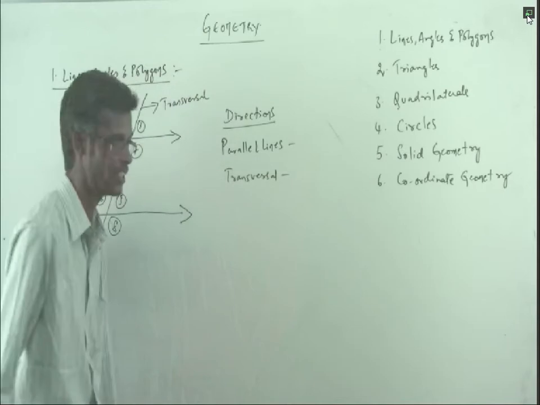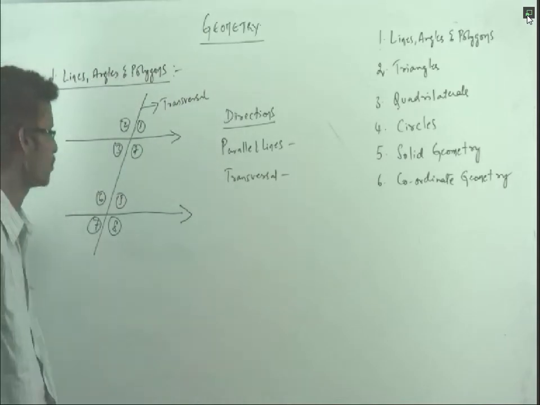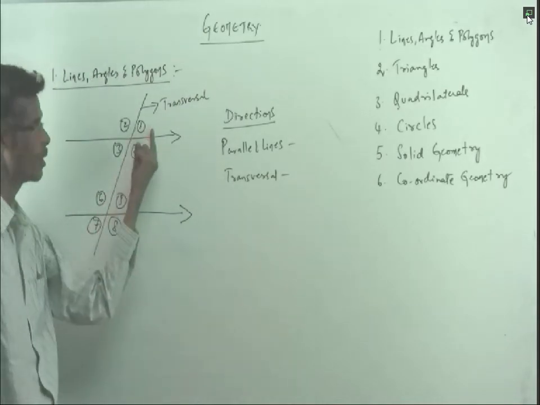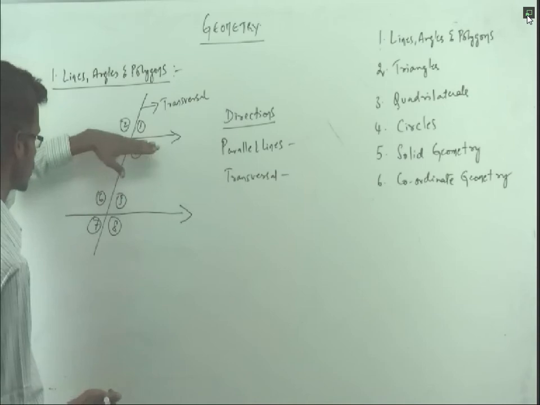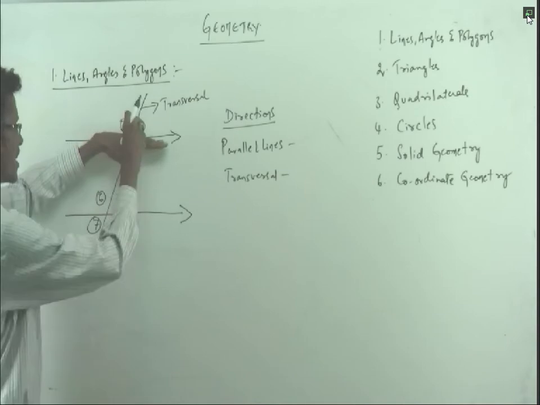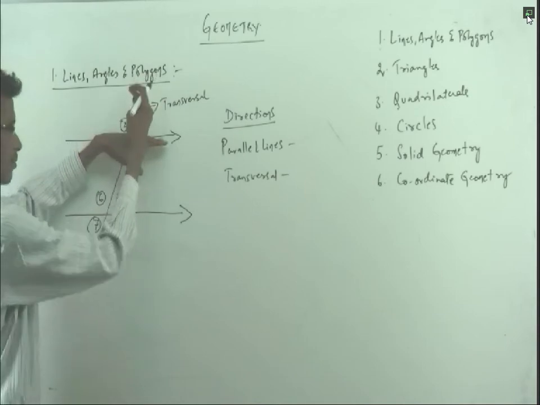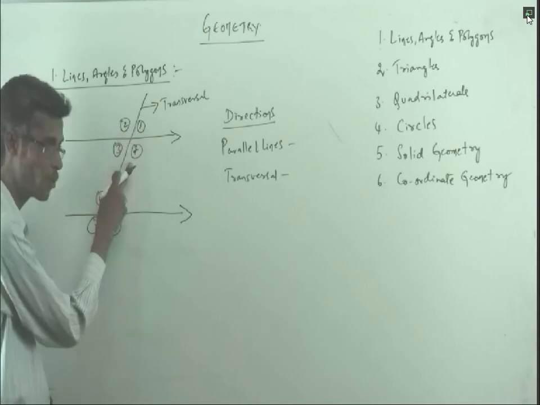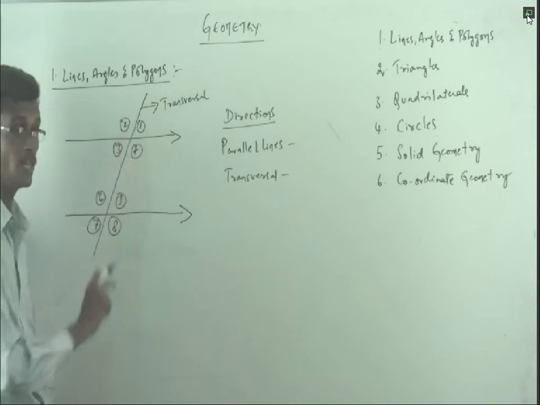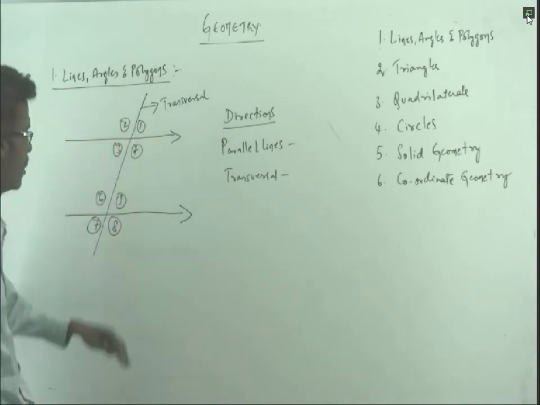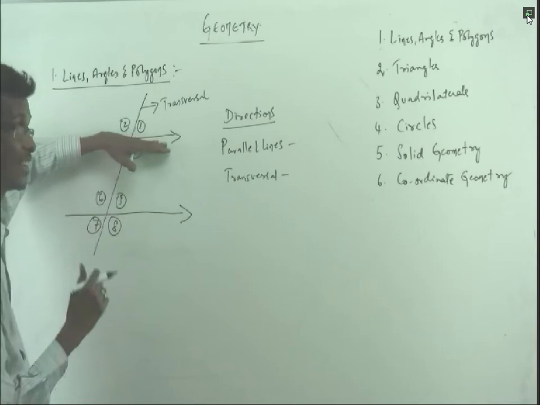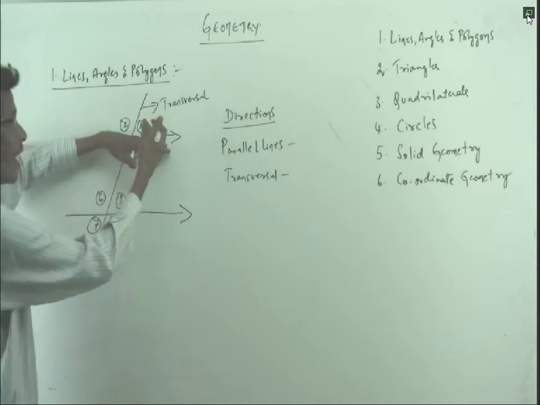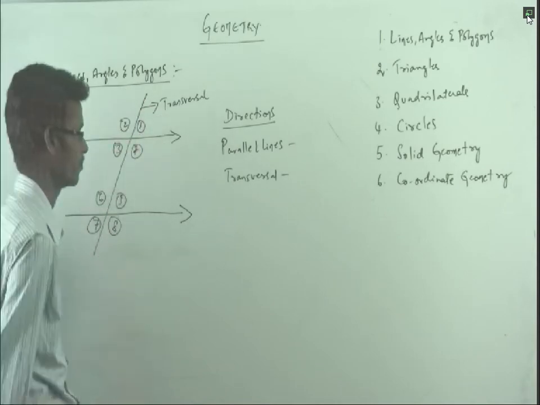In order to identify the directions, for example, let us consider angle 1. With respect to the parallel line, this angle is on the top side. With respect to the parallel line, angle 4 is on the bottom side. That means there are 2 directions existing. With respect to a parallel line, an angle can be either at the top side or at the bottom side.